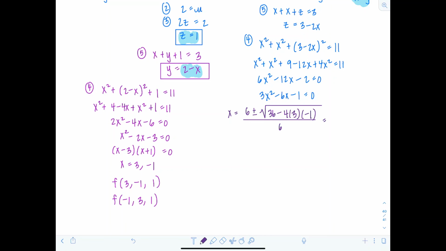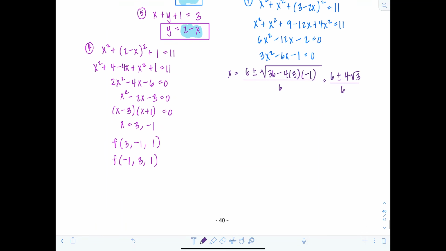So that's going to be 6 plus or minus, now let's see here, 36 plus 12, which is 48. 48 is 16 times 3, so that's going to simplify into 4 rad 3 over 6. And then that reduces to 3 plus or minus 2 rad 3 over 3.